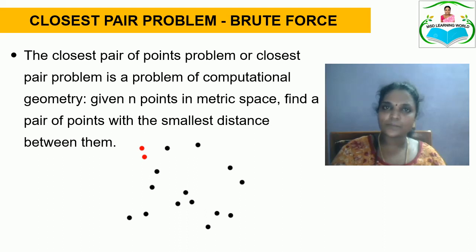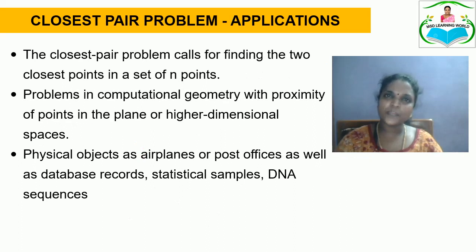The closest pair problem can be solved by any algorithmic technique. Let us see how we can create the brute force method for giving the solution for the closest pair problem. The closest pair problem finds the two closest points which have the least distance in a set of n points. This problem has several applications where many real-time applications need to find the two objects which are closest to each other.